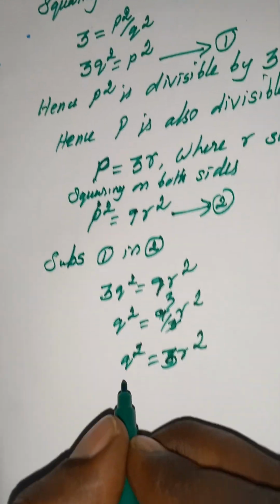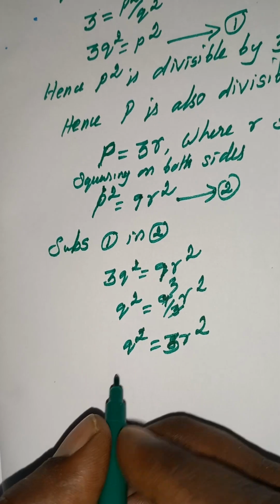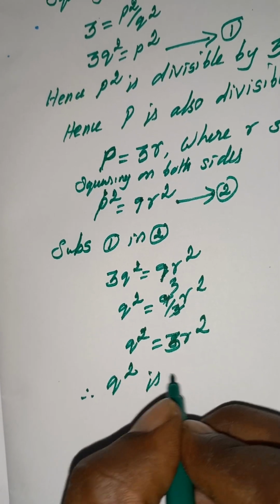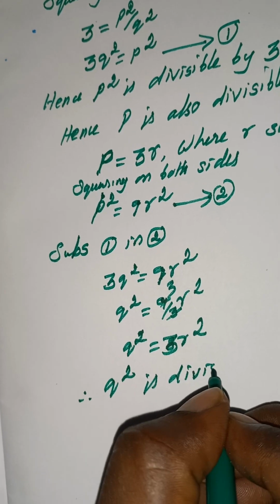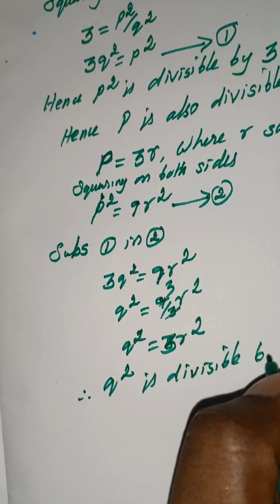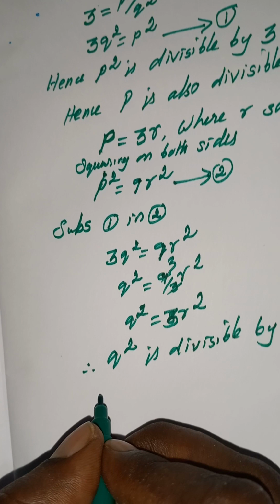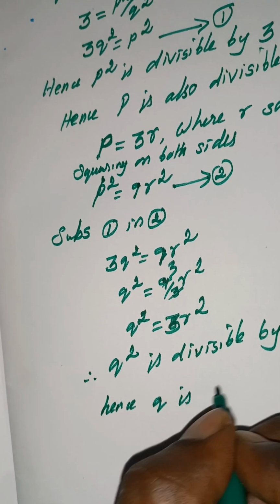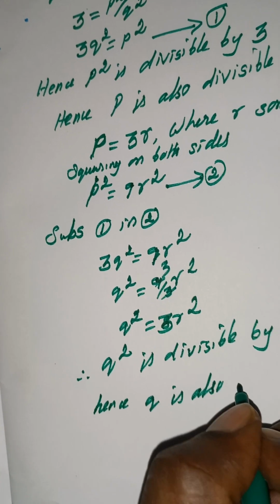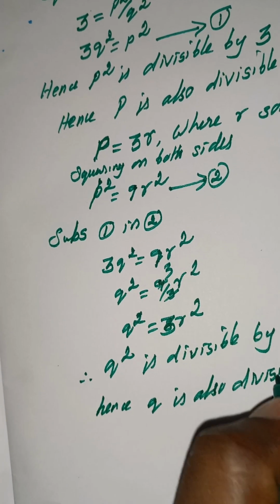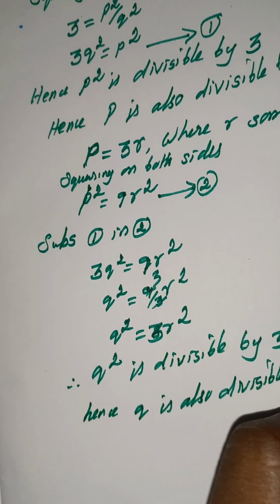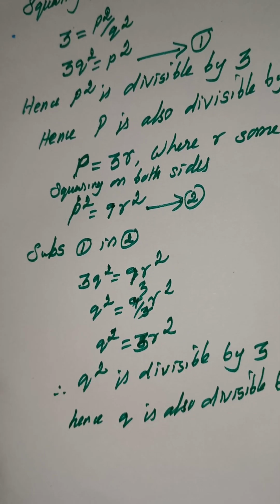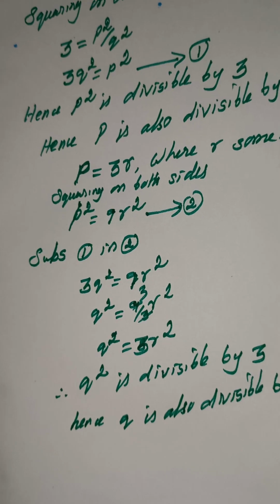So q square is a multiple of 3. Therefore, q square is divisible by 3. Hence q is also divisible by 3 by the fundamental theorem of arithmetic, FTA.